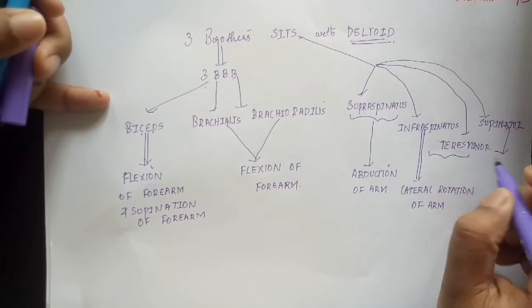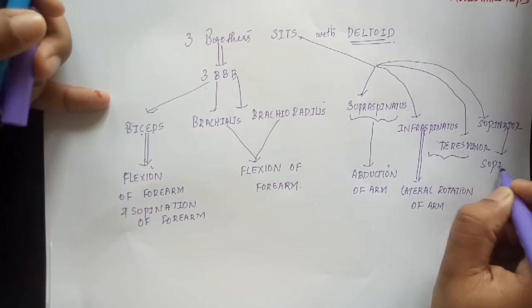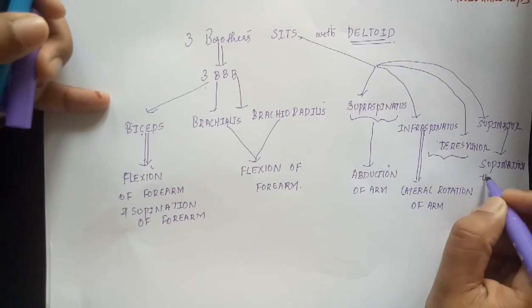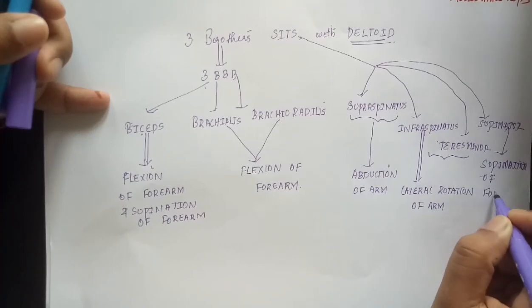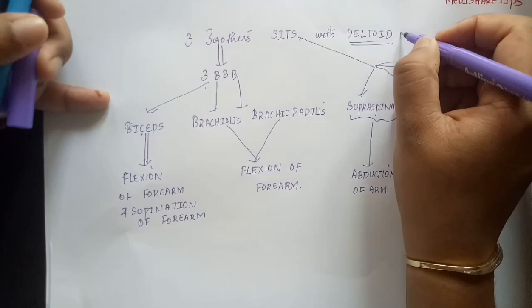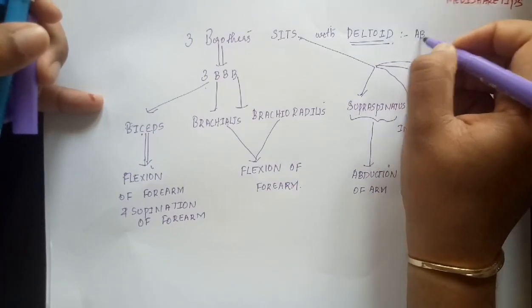And supinator causes supination of the forearm. Deltoid is the chief muscle of abduction of the arm.